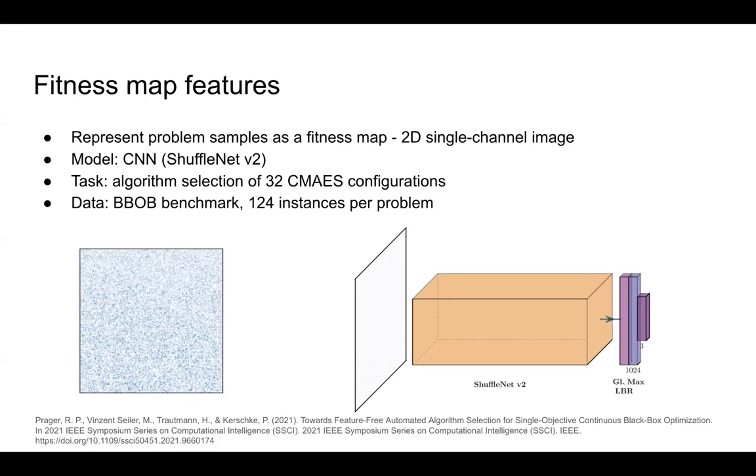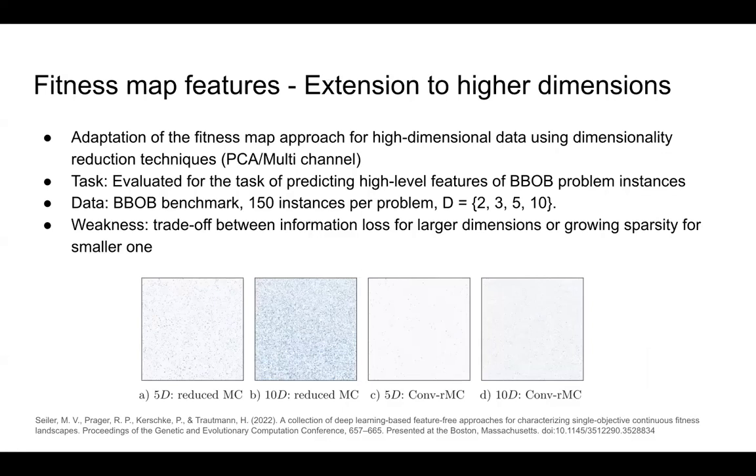So one obvious limitation of such an approach is that you can do this for 2D problems, but as problems grow in dimension, we cannot anymore describe them in a 2D image, obviously. So what has been done to mitigate this is they try to use dimensionality reduction techniques such as PCA to essentially reduce the candidate solutions or X values into 2 dimensions.